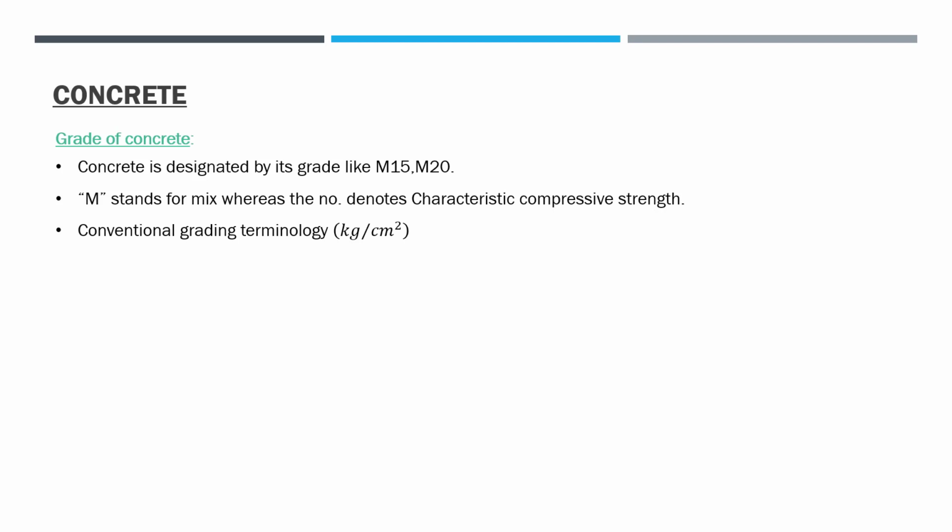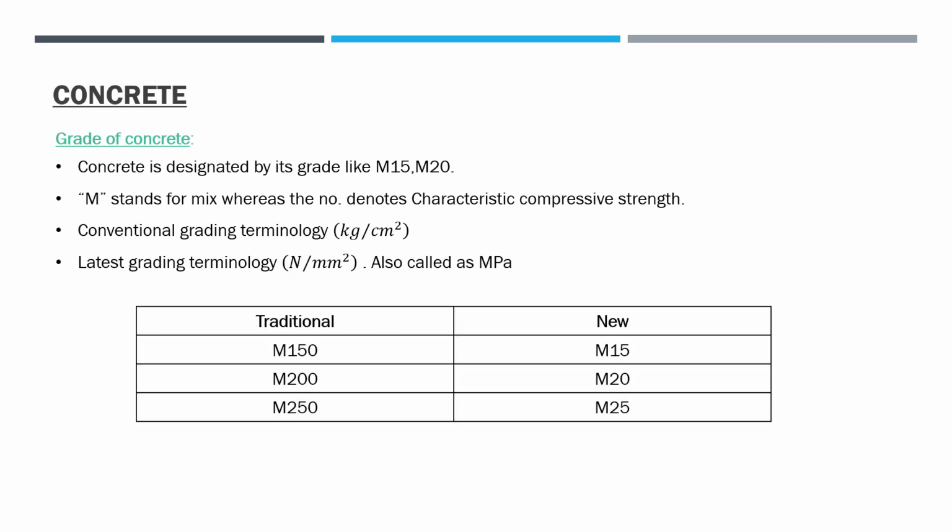Earlier, grading of concrete used to be specified in the units of kg per cm square. Now, as per the latest nomenclature, it is referred to in units of Newton per mm square, which is called megapascals. Let's look at the table in which grade of concrete is specified in both traditional and the new terminologies.